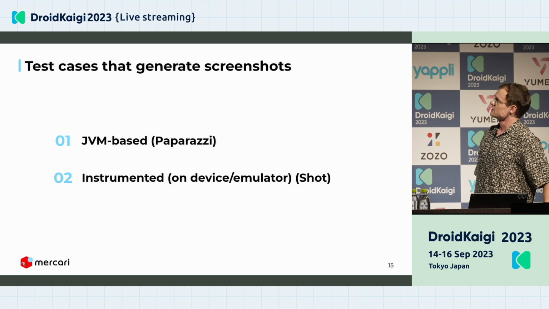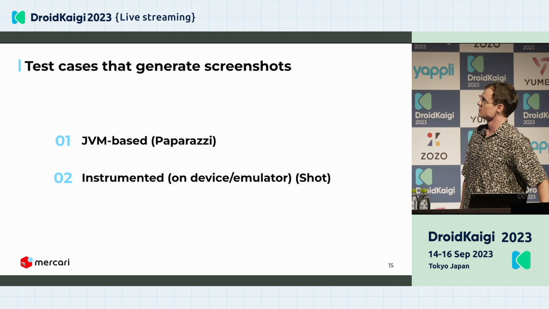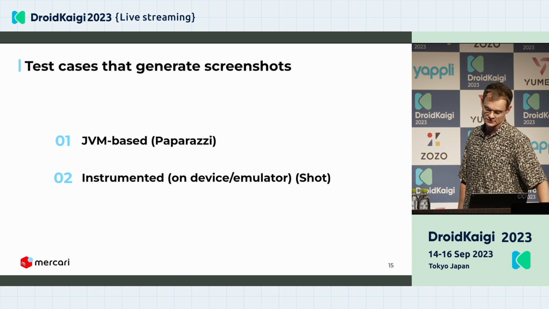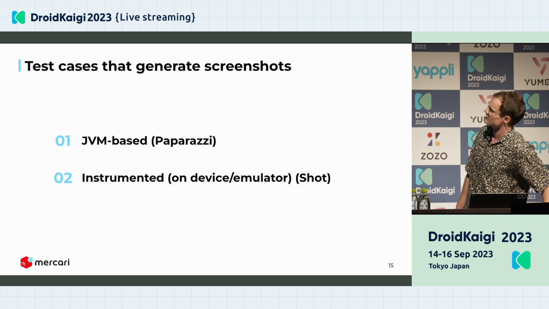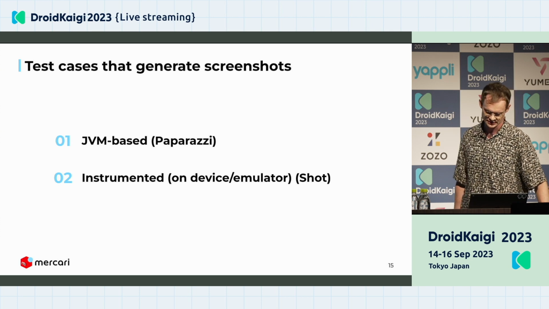During the evaluation phase, we looked at some frameworks that can tackle this first part of the problem. We essentially looked at two categories of frameworks. One I just call JVM-based screenshot generation. I'm not sure if that's the correct name, actually.